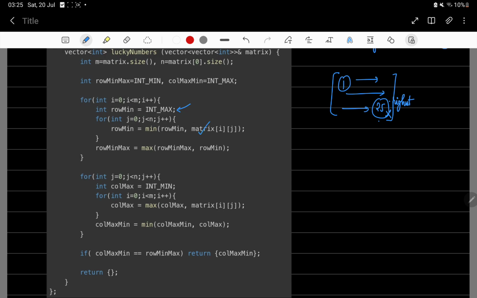So this part I wrote properly, but when I came to this part, I initialized a loop wherein I am maintaining the int max as the row minimum and then updating it, and then the global maximum of all the minimums, and over here the minimum of all maximums. This was for the column behavior, this was for the row behavior, row wise, column wise.